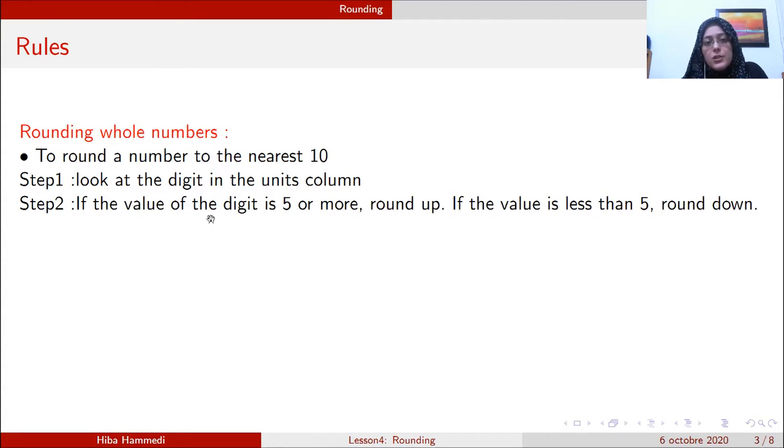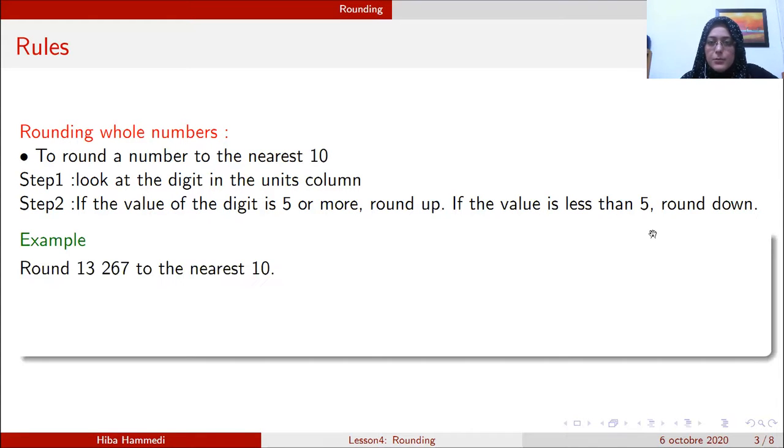If the digit in the units column is 5 or more, I will round the number up. It means I will go to the next multiple of 10 that is closest to that number. If the value is less than 5, I need to round it down. So I need to go to the previous multiple of 10 that is less than the original number that I'm looking at.